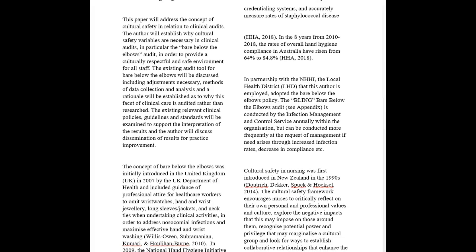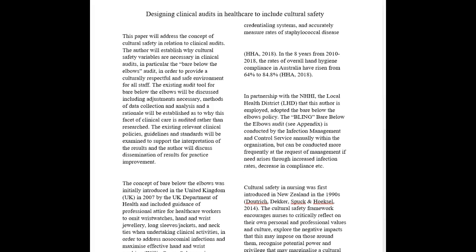So first of all, this student has gone into some signposting, which you can see here. So we'll talk about why it's necessary.